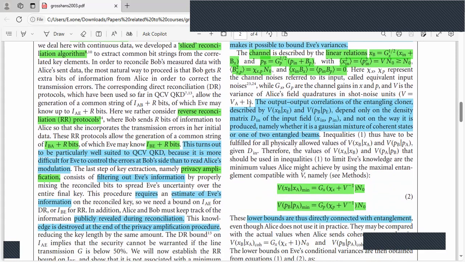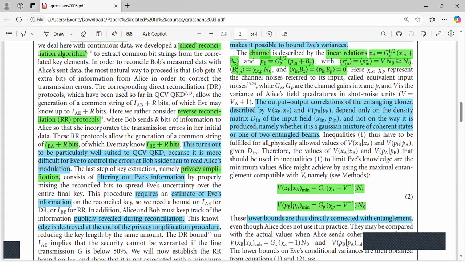In this line that is highlighted in blue, the authors are arguing that the values of the quadratures that Eve and Bob have measured only depend upon the density matrix rho_AB, and do not depend on how the quadrature values are distributed between the two parties.